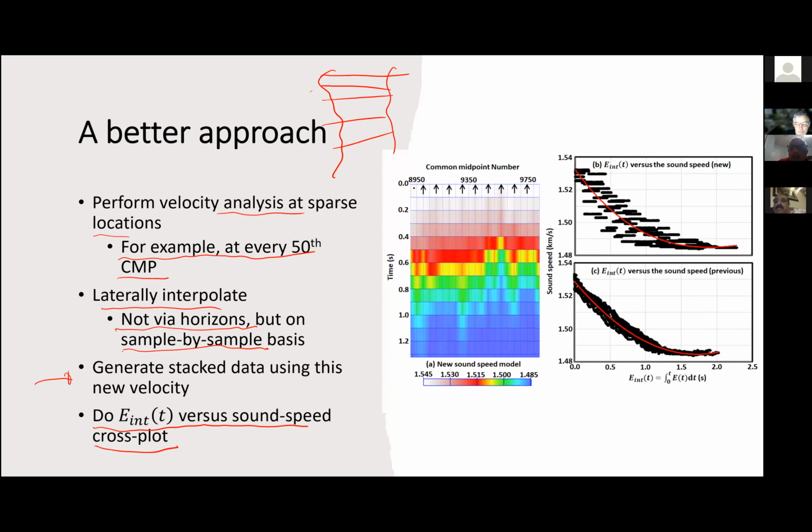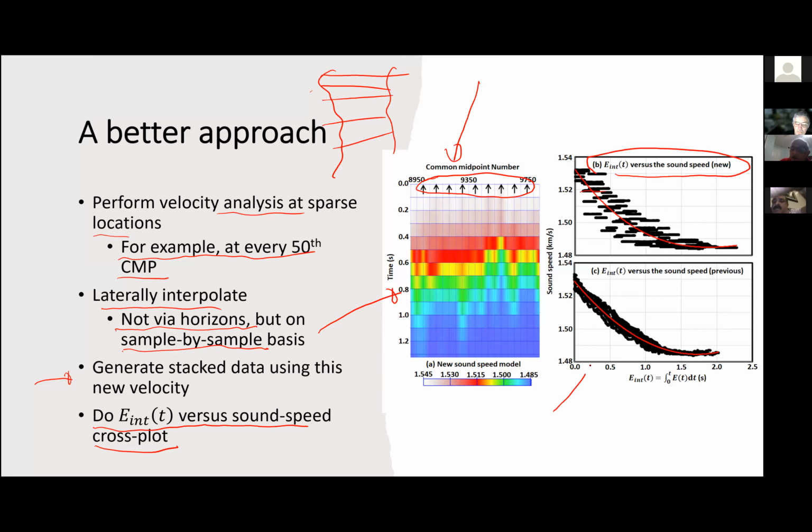After doing velocity analysis and picking the interval sound speed at every 50th location, this is the velocity model I get after interpolation. Now I pick those same 9 points and make the EINTT. I calculate and pick those velocities, and you can see these velocities are constant, and then I generate this relationship.